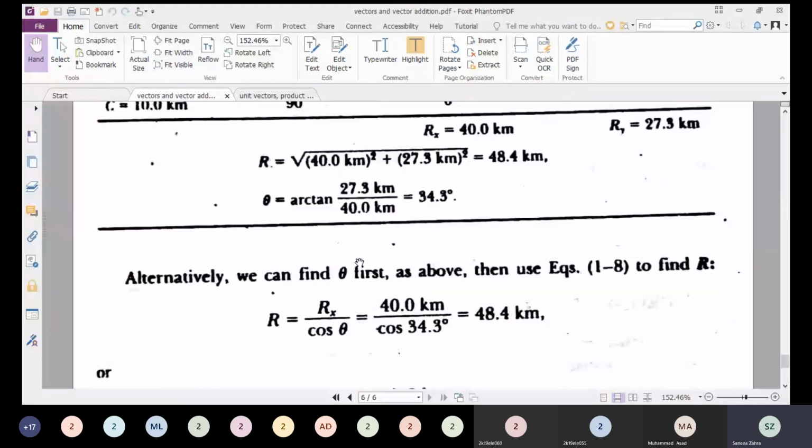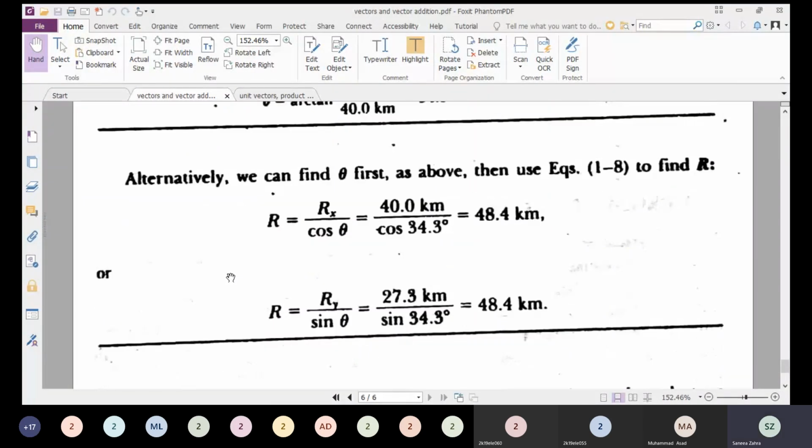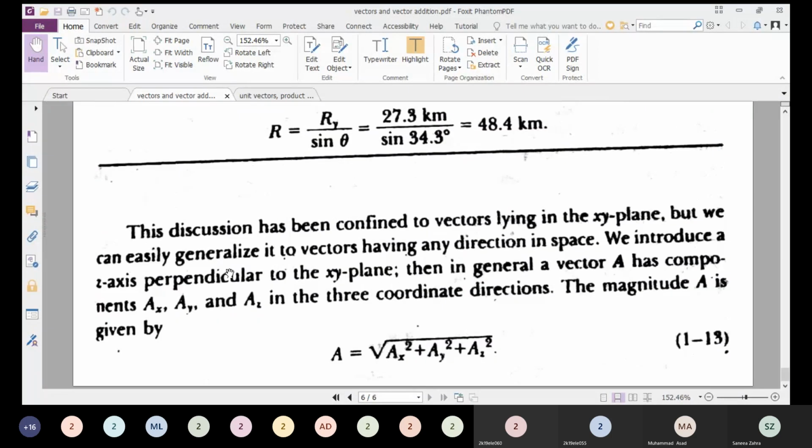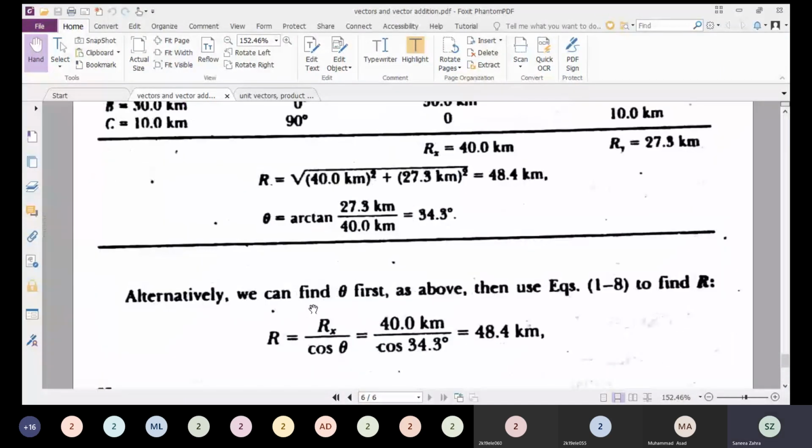There is another method. For this, you calculate the resultant vector. Its Rx component is divided by cos theta, and the Ry component by sin theta, and then you get the values along the x-axis and y-axis. This is for the components of a vector.